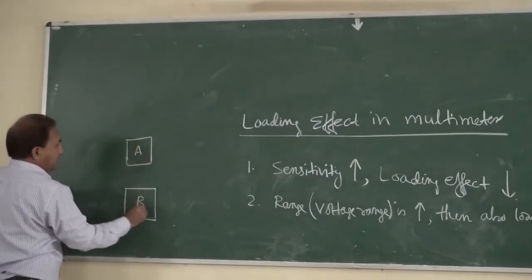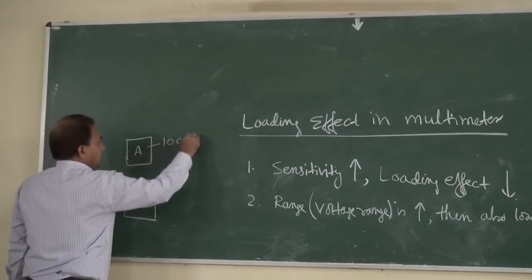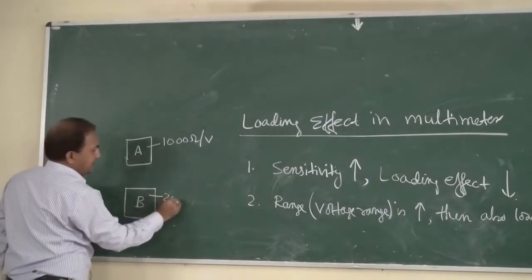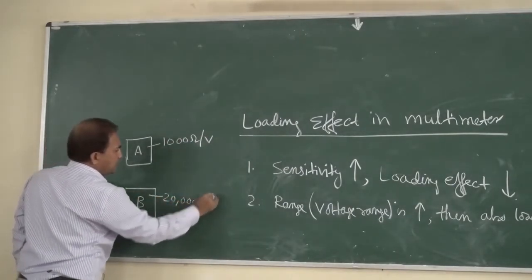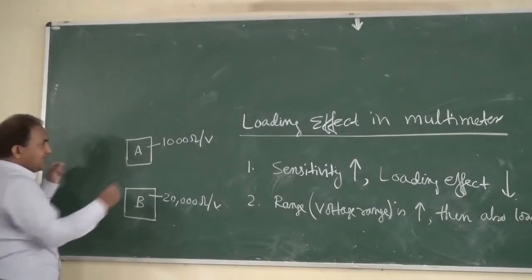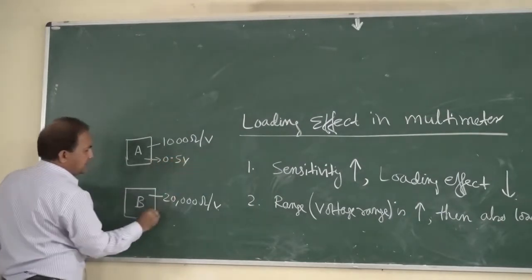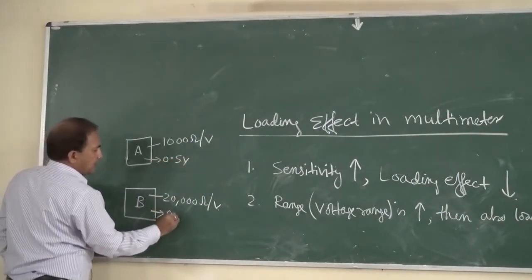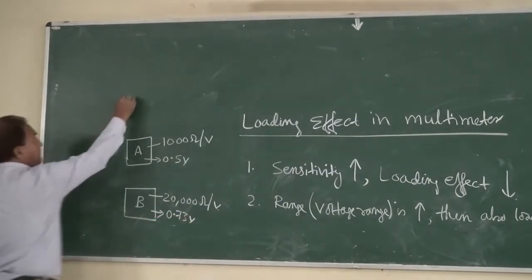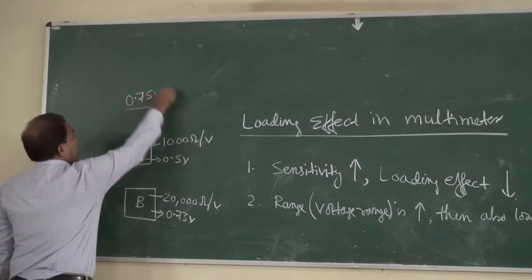Suppose A and B. You have seen its sensitivity is 1000 ohms per volt and its sensitivity is 20,000 ohms per volt. In this case, you can see this meter was showing 0.5 volt and this meter was showing 0.73 volt. Actually, the accurate measurement was 0.75 volt.